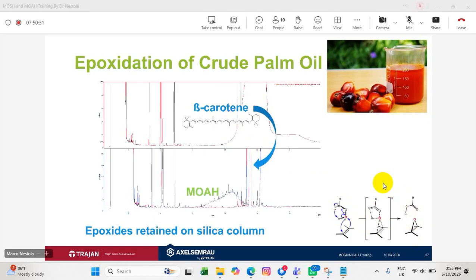This compound then, because of the oxygen, has a much higher retention on the silica gel and is then removed chromatographically on the silica gel. So the idea is we are derivatizing our biogenic compounds into something else, so we can then remove it on the HPLC side. That's the idea behind epoxidation.